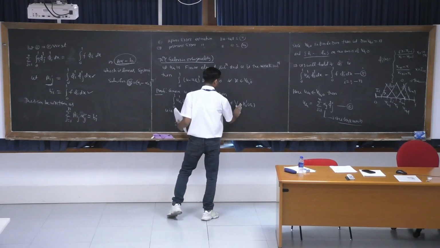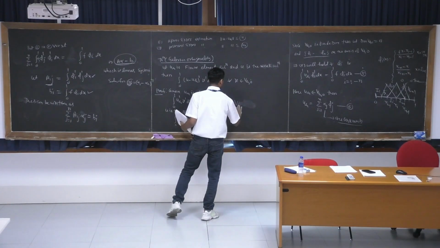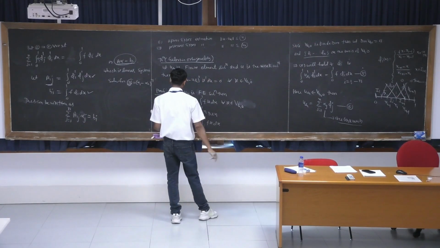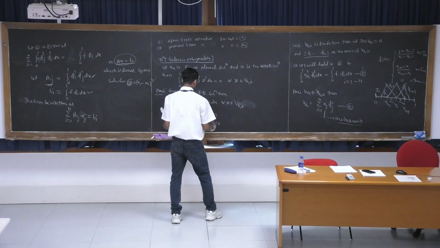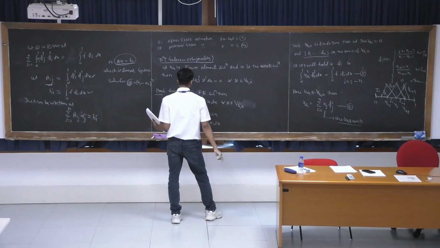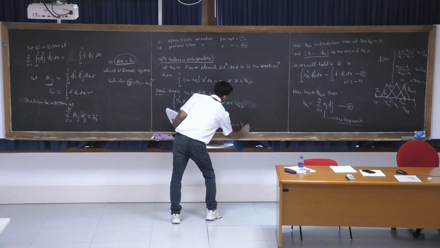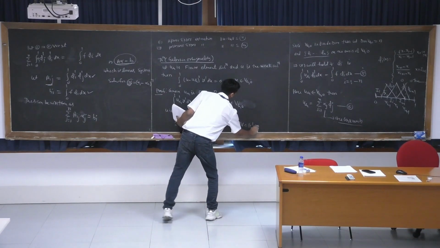So here this is wrong. This will be Vh0, because this is the finite element solution, for all v belonging to Vh0.